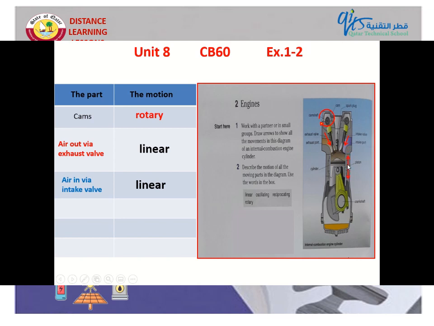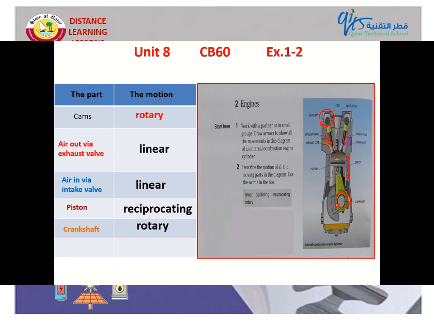The next is the piston. The piston moves up and down. That is in two directions. So which of these describes movement in two directions? It is reciprocating. And then we have the crankshaft here. You can see it's also a movement in circles and is defined as a rotary motion.